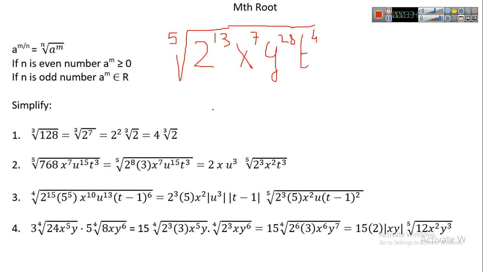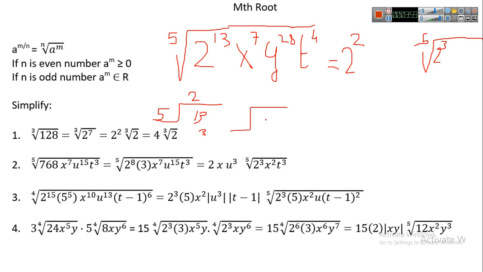So first of all, you divide 13 by 5. Let us start. 13 divided by 5, the quotient here is 2. So you have 2 power 2 outside, and the remainder is 3, so 2 cube inside. Quotient outside and the remainder inside.